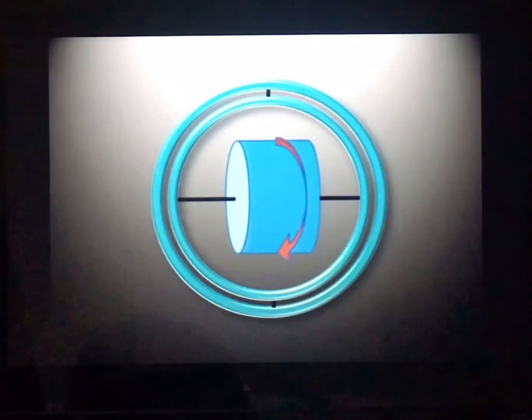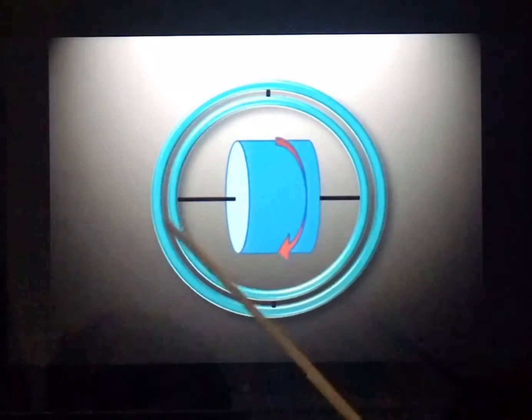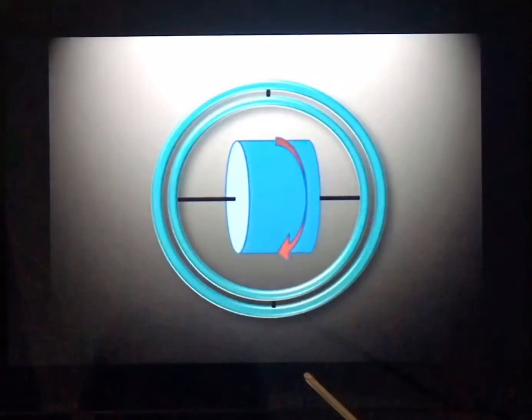Now since the mass is rotating on the x-axis, any disturbance given on the axis perpendicular to it makes the gyroscope show the property of rigidity.